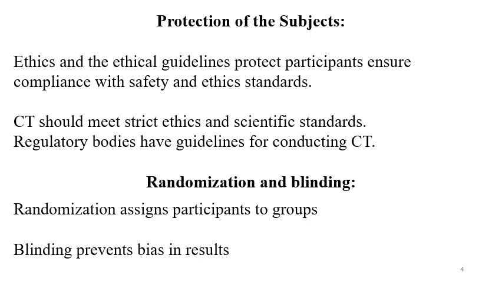Randomization provides an equal chance for each patient to receive the drug or the placebo. And then comes blinding. Blinding prevents bias in the results. So randomization and blinding assign participants into groups and also prevent bias in the results.